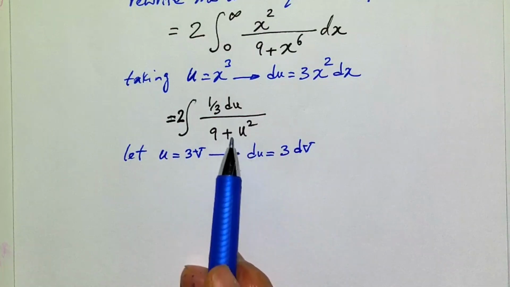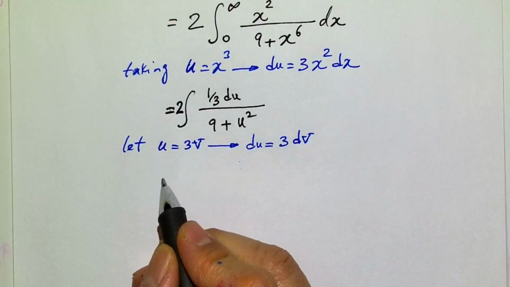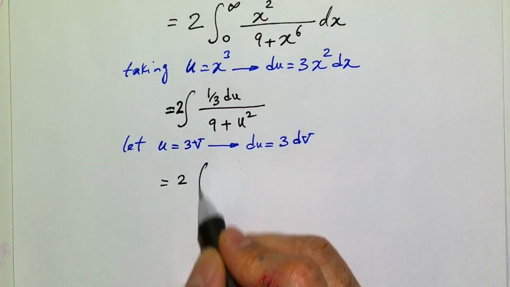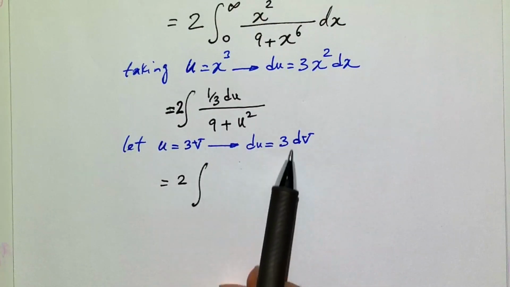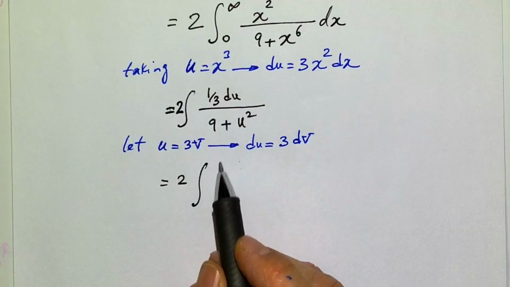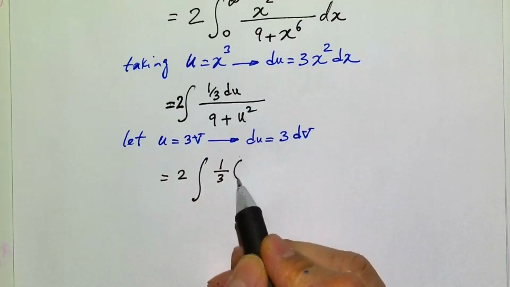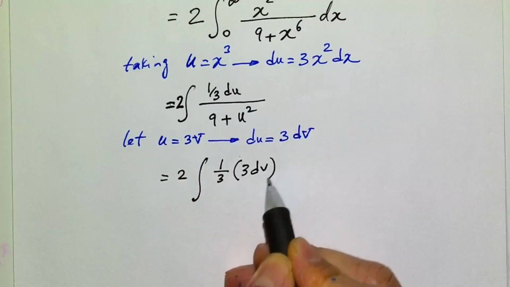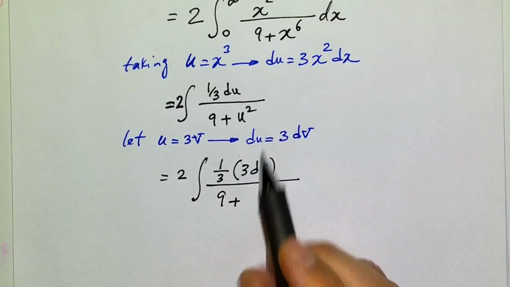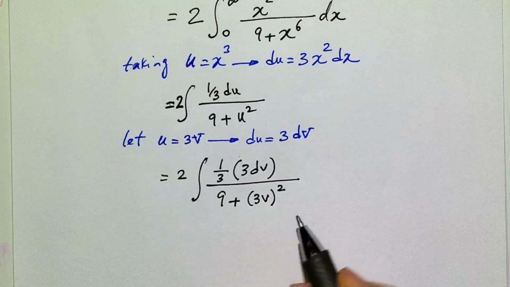So let's replace this, replacing again. We have twice the integral, so du is 3 dv, so 1/3, I'm just replacing the du with 3 dv, like that, and then the denominator 9 plus, instead of u squared, we have 3v squared.